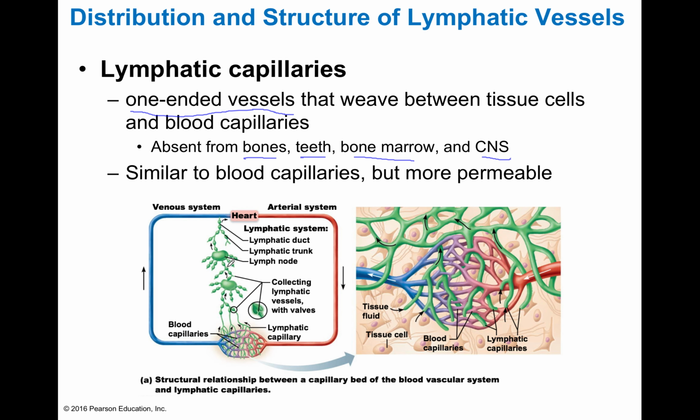By that I mean this. If you look at your blood vessels, you start with the heart, you go through this network that goes around, and eventually return back to the heart, which means you have a cycle, right? You start with the heart, you end with the heart. The one-ended vessels imply that you don't have that cycle pattern.